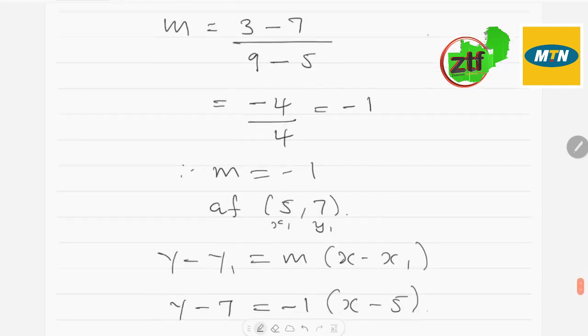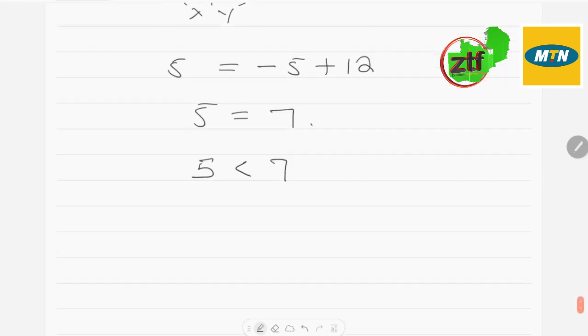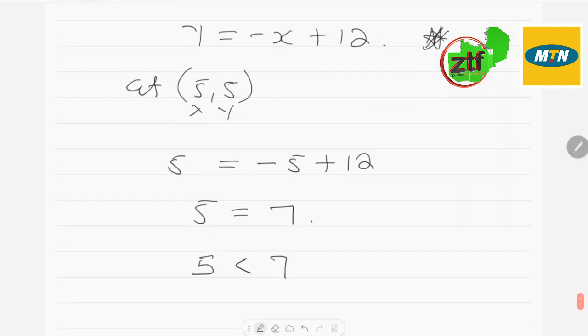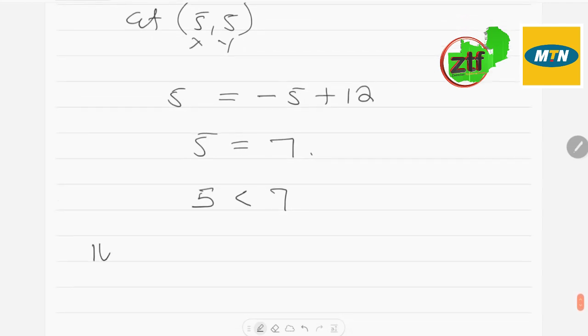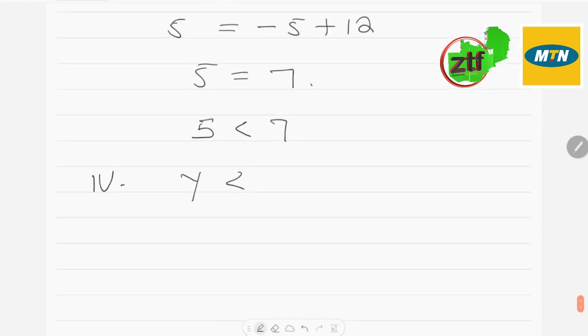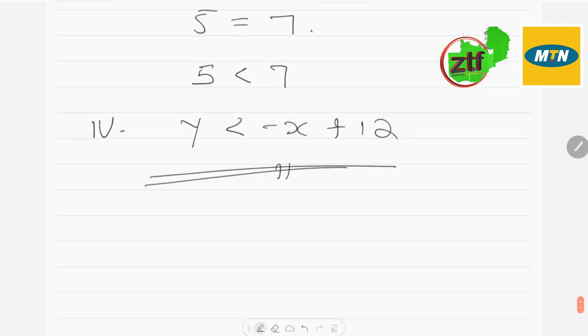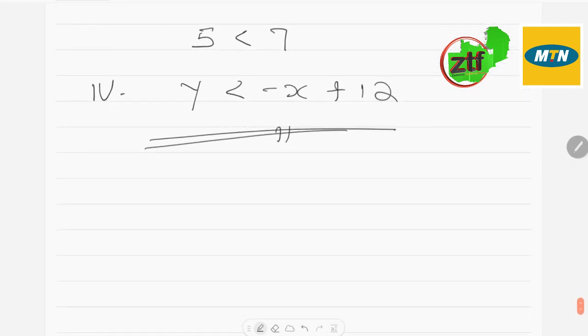So since 5 is less than 7 at (5, 5), then it simply means that inequality number 4 will be y is less than minus x plus 12. And that is your inequality number 4. So that is how you get the inequalities when you are dealing with linear programming.